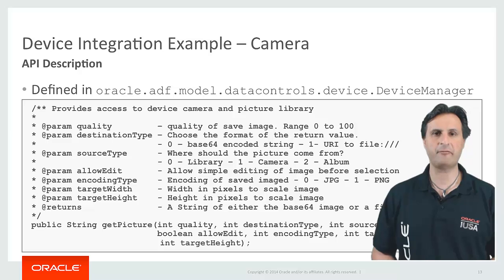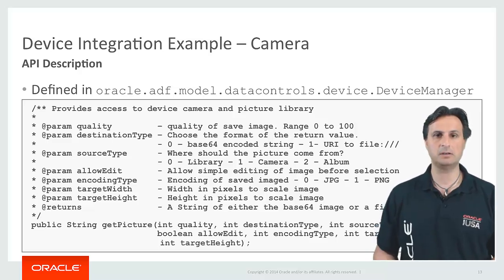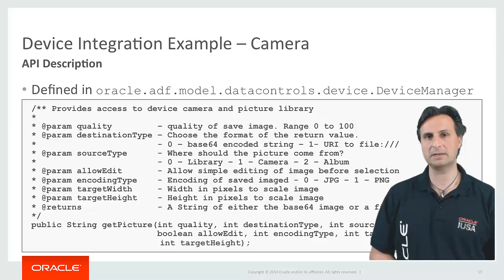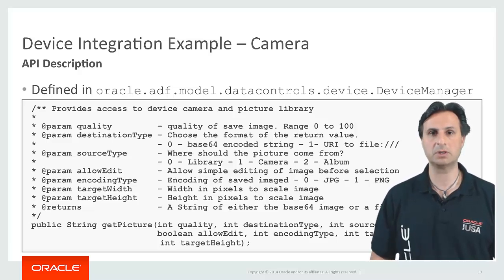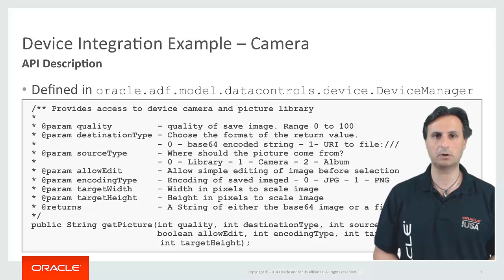And then typically, dependent on the setting, what you get in return is either a URL to a local file system reference where the image that you took is put, so that you can, for instance, display it in your user interface by just having an AMX image tag, and you reference the URL in the image tag source property, or you just have the base64 encoded stream that you can, of course, reference from AMX images, or just take it in Java and load it to a remote server using a SOAP call or a REST call.